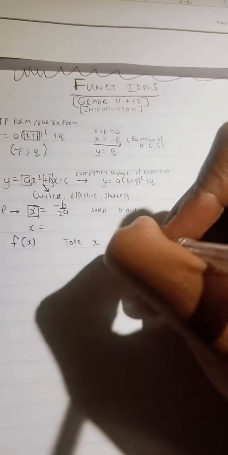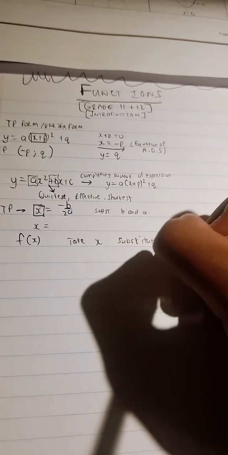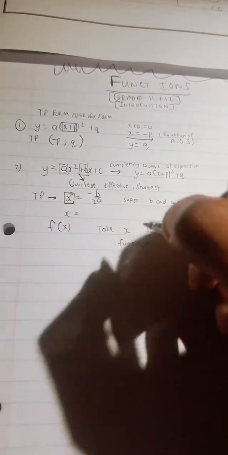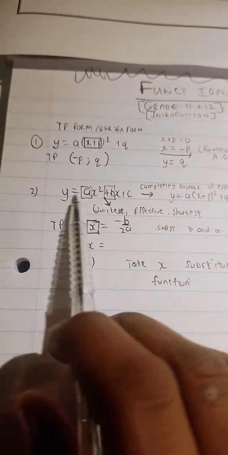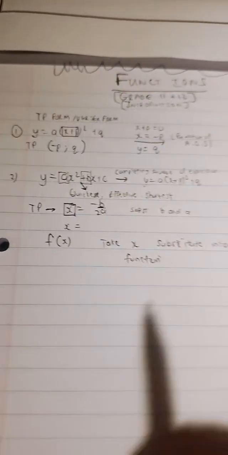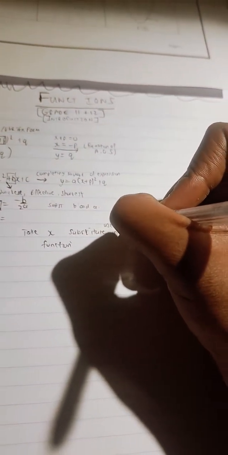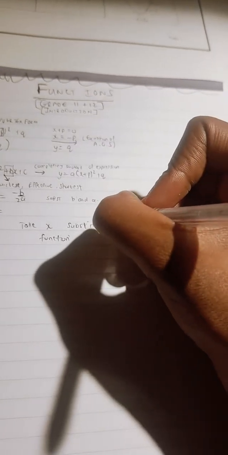Take x, substitute into the function, and by that we mean the original function. You substitute that x value here and there. Obviously, when you substitute, you use what? Brackets. You don't substitute just like that.